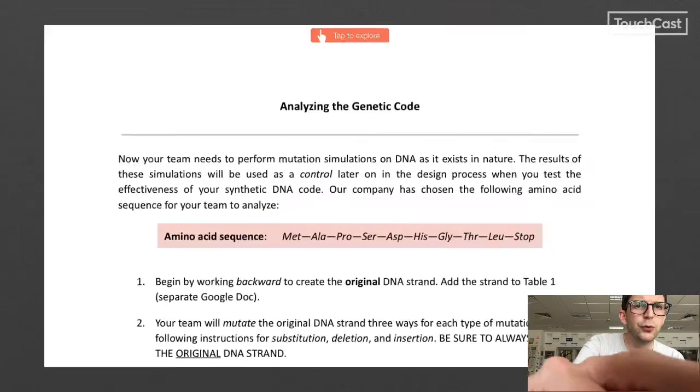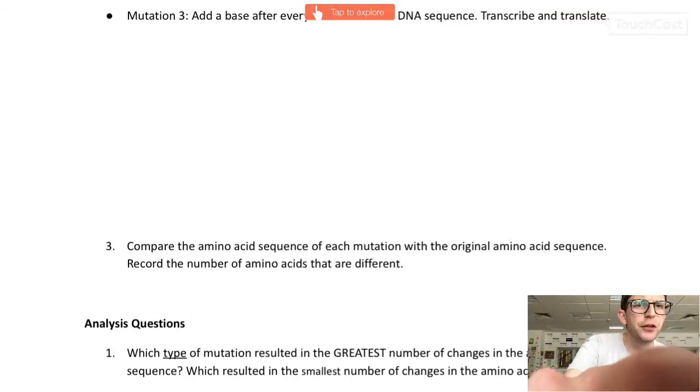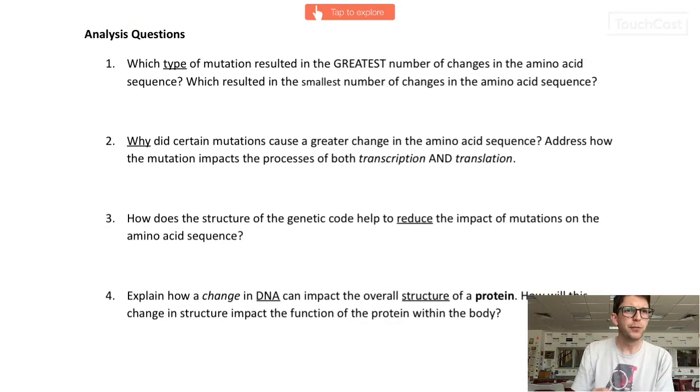You are going to compare all of your mutations here. You're going to get to the analysis questions, and again, working with your group members, you can respond to these questions together. You can compare, refine, but you want to do the best you can to show a thorough analysis that you understand what's going on for each of these four analysis questions in each of the 3 mutations.